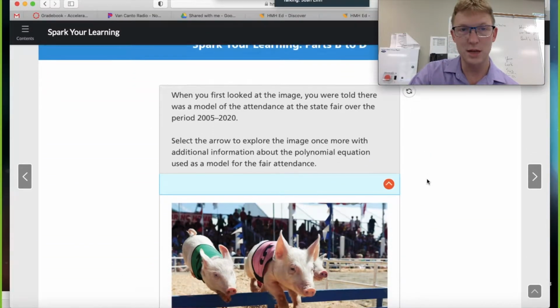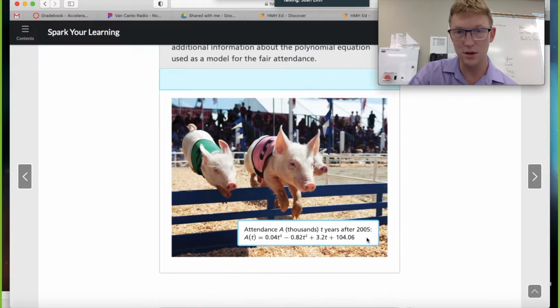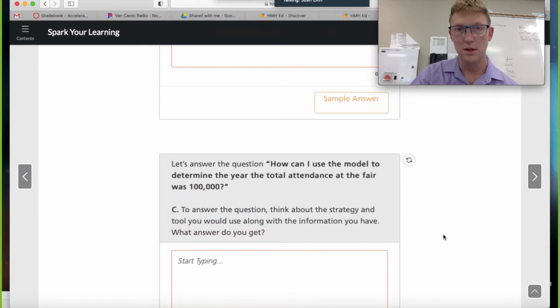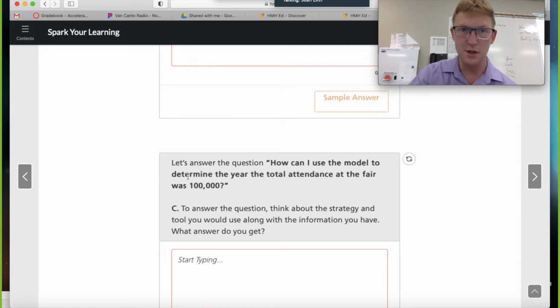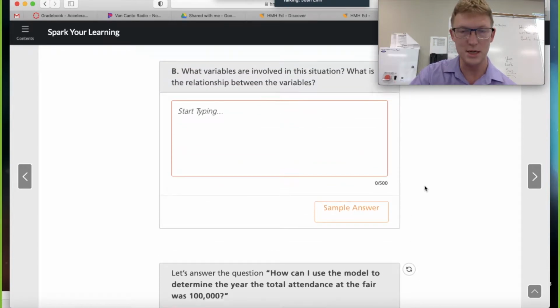When you first look at the image, there is the function that they have. Originally, when we just had a squared function, we could kind of solve for that. Now it's a little bit tougher, but that's what this is all about. We're going to try to figure out how we can solve this. By the way, down here it says, how can I use the model to determine the year of the total attendance?